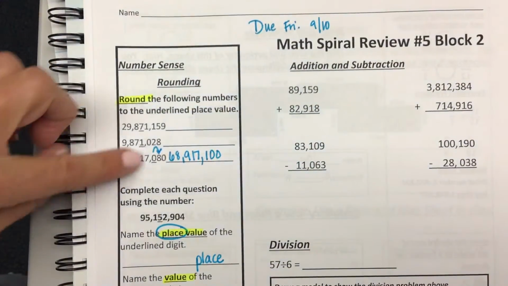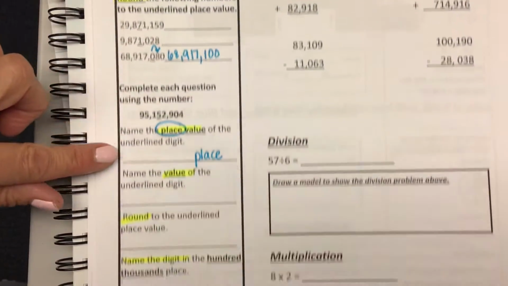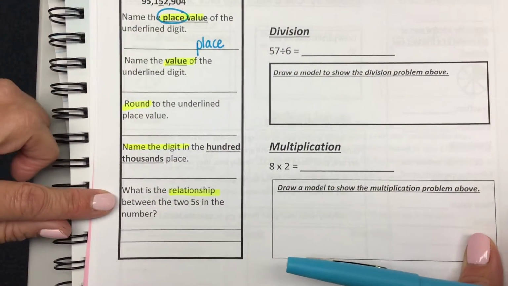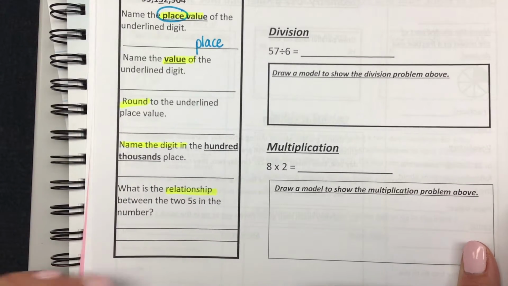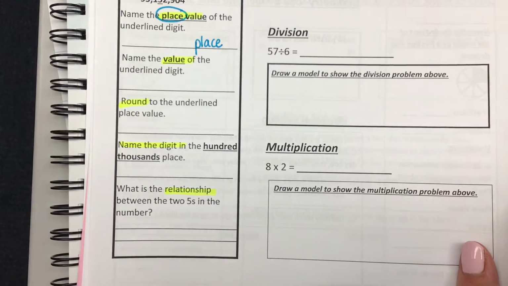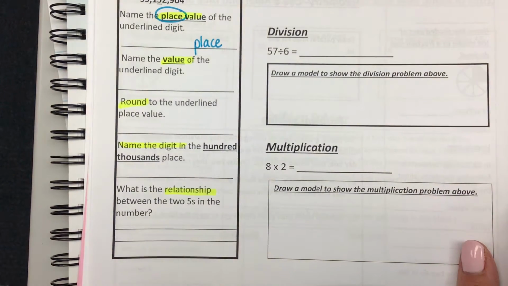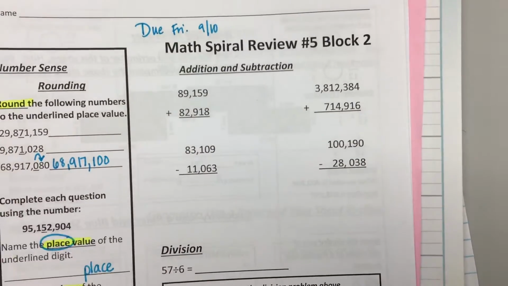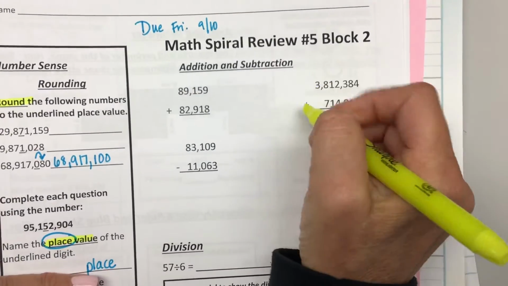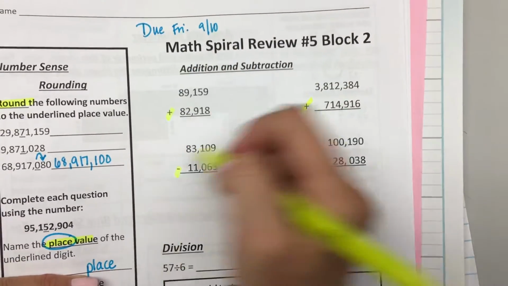I'm on number sense. I'm on the front side of Math Spiral 5, and I'm down at the bottom of that column. I've asked you to move up closer if you can't see. So now we have adding and subtracting. You can highlight the symbols.